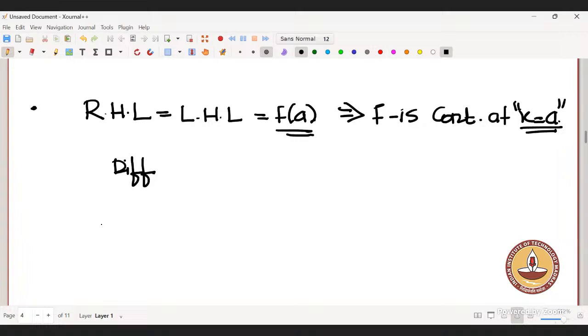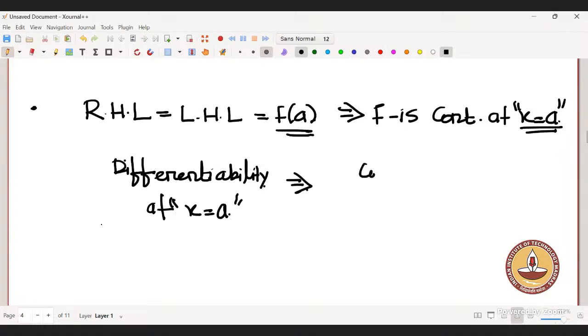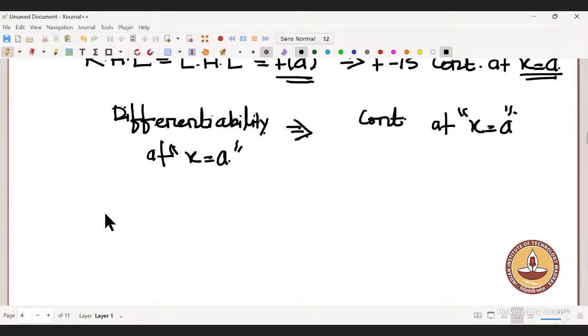If your function is differentiable at x equal to a, it always implies that the function is continuous at x equal to a, right? Okay, sir.